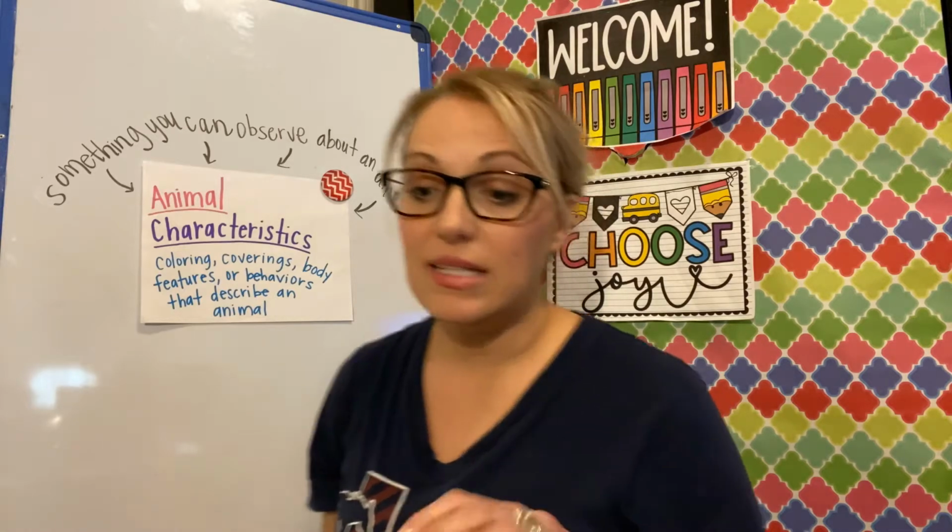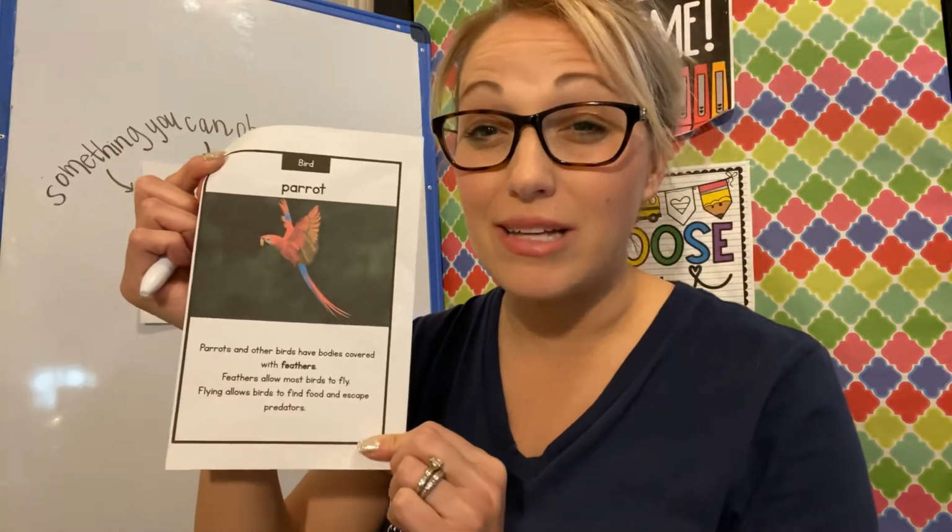Well, for instance, I have a picture of a parrot here. Our parrot is very beautiful, and he has feathers covering his body. There are lots of different colors. He also has big, beautiful wings and a beak, and those are all some characteristics about him. But how do those characteristics help him to survive? We know that the feathers on our parrot here help him to fly.